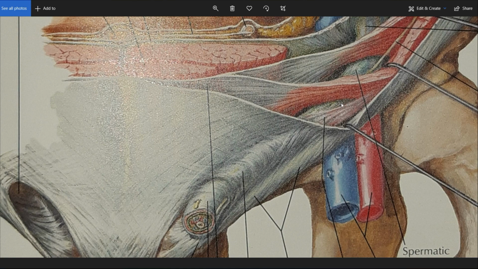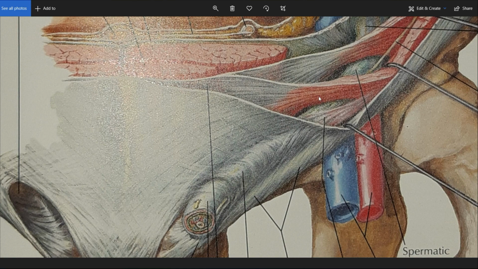So for simplicity, we can visualize the spermatic cord as the inguinal canal right now. So see, this conjoint tendon is posterior to the inguinal canal.